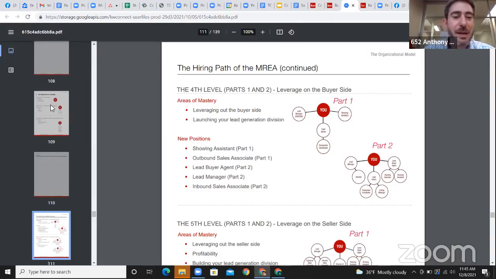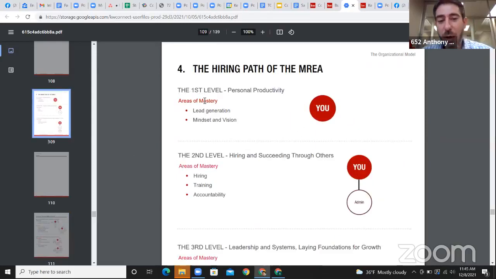I'll get the sheet. The org model real quick though says that the first level is you, and you need to focus on personal productivity. The areas that you need to master are lead generation, mindset, and vision. Second level, hiring and succeeding through others. That's your focus.